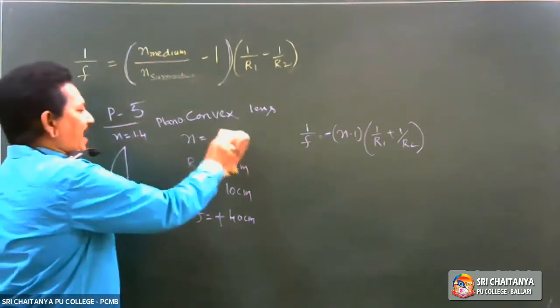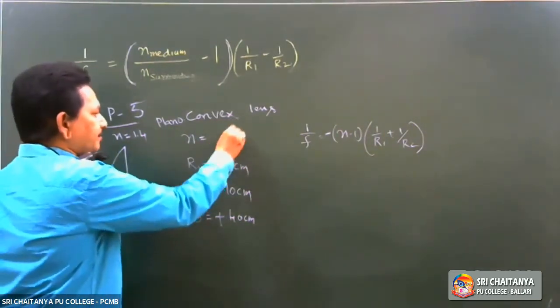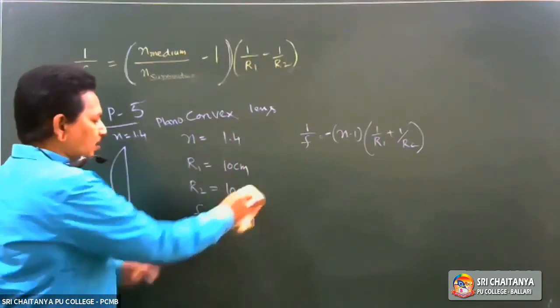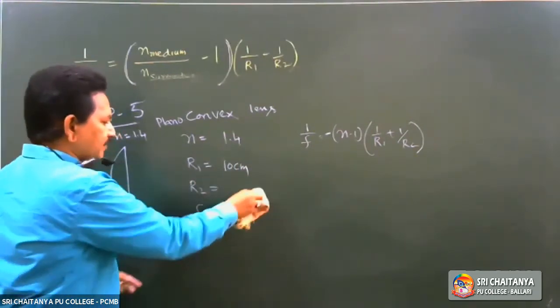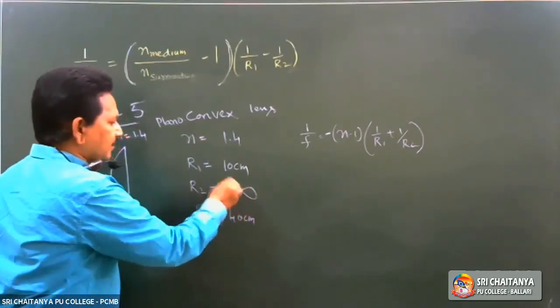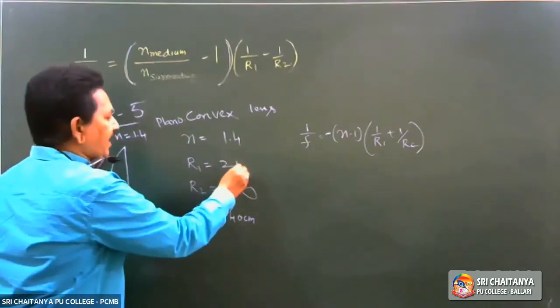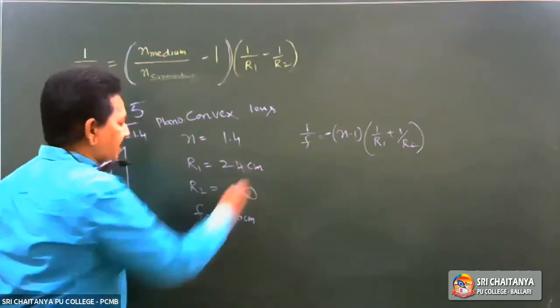So what is the n value? Refractive index 1.4. R2 is infinity, why infinity? It is a plane surface. And radius of curvature of the first surface 24 centimeters.